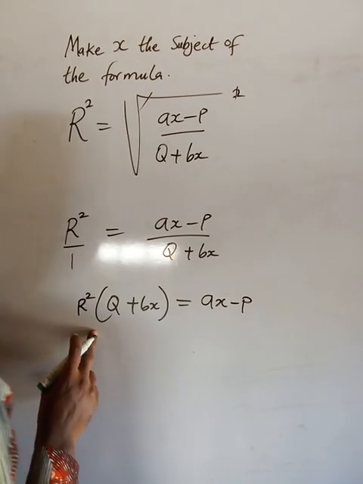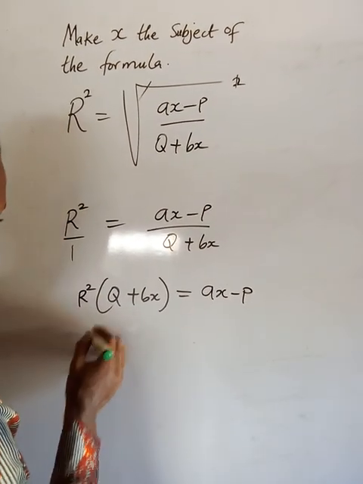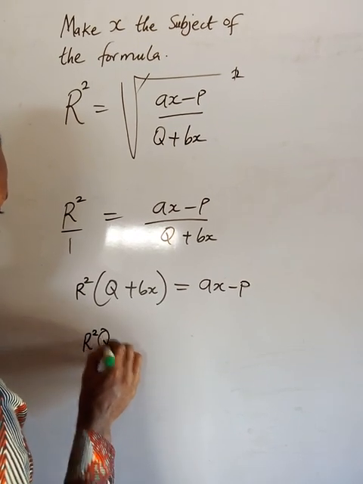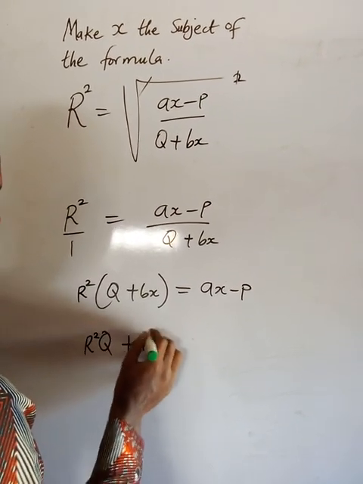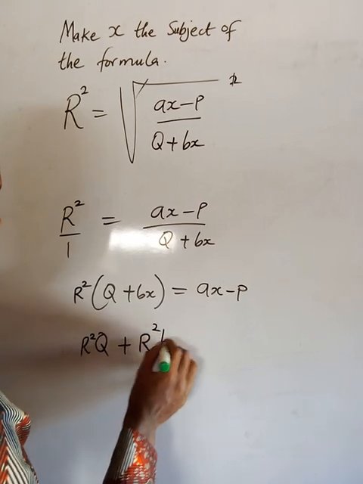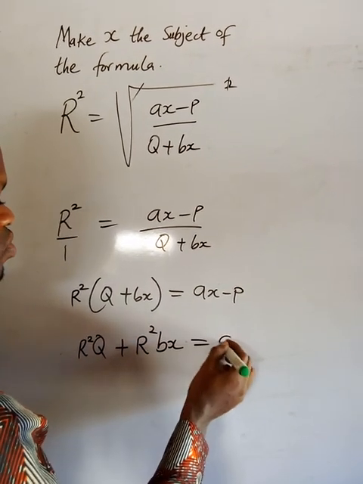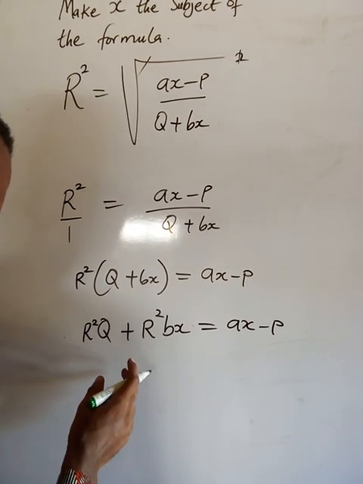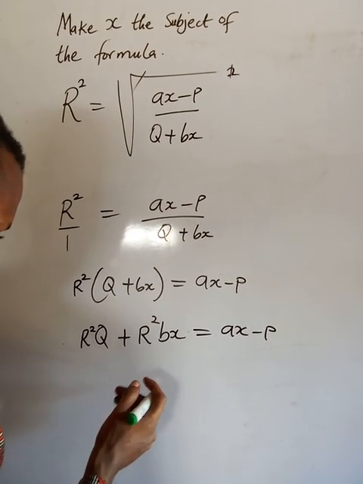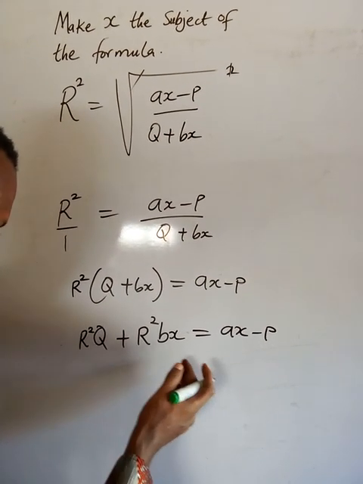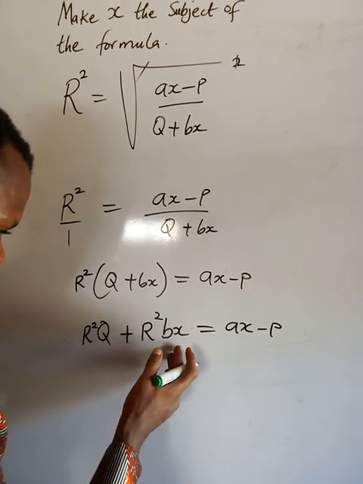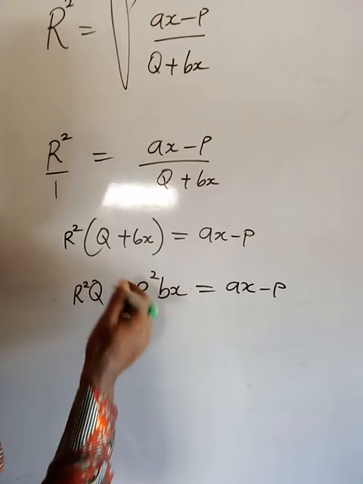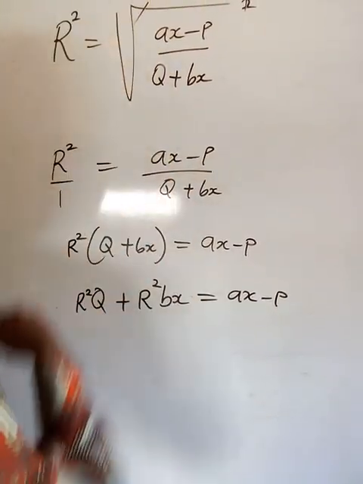Let us expand this bracket. We shall say that r squared times q will give us r squared q plus r squared bx equals ax minus p. We can collect like terms by bringing all the variables that have x to one side and those without x to the other side, since our emphasis is to make x the subject of the formula.